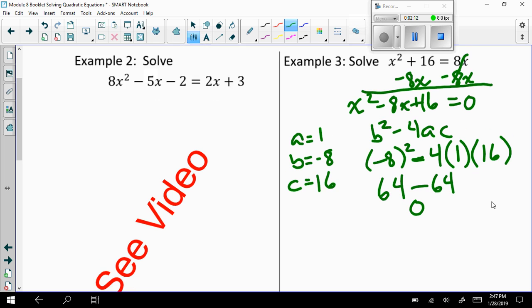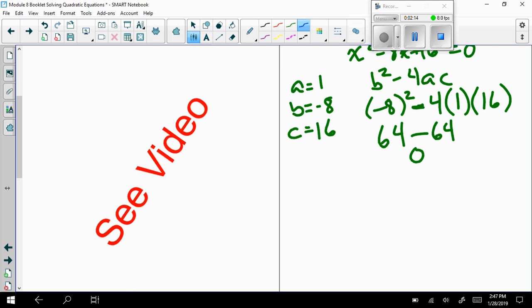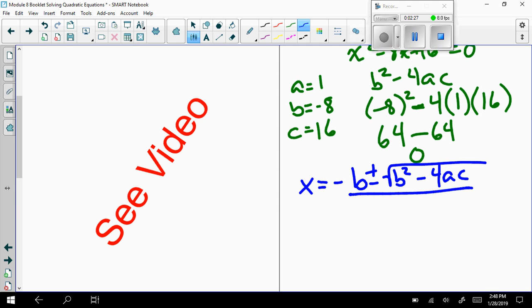Let's go ahead and find that solution using our quadratic formula. So the quadratic formula is -b plus or minus the square root of b squared minus 4ac all over 2a.